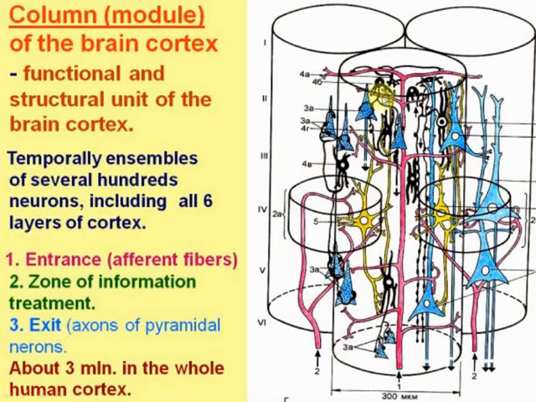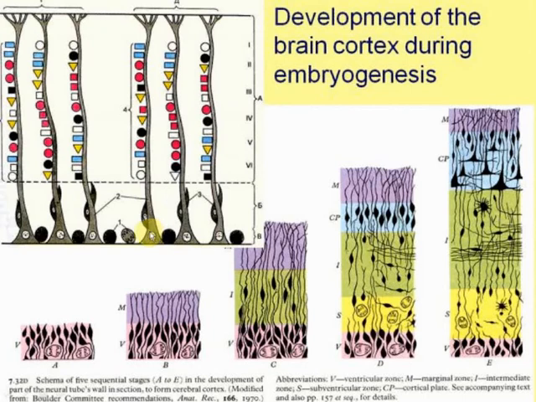This slide demonstrates the development of the brain cortex during embryogenesis. You see the layer of matrix cells, which mitotically divide intensively, and every minute thousands of new future neurons, neuroblasts, appear.